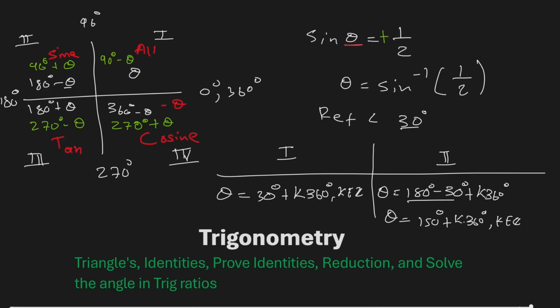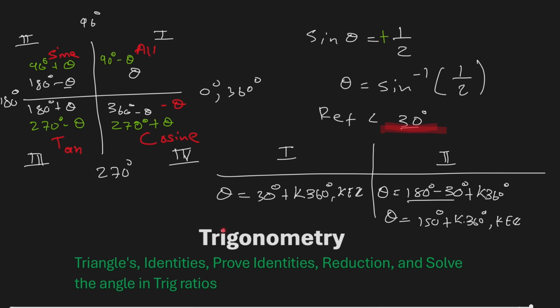Sine of -330 is still half. So if you only write this as your solution, that is not the only solution you have. You have all these other solutions. So when you solve a trigonometric equation, please remember you must give the general solution.